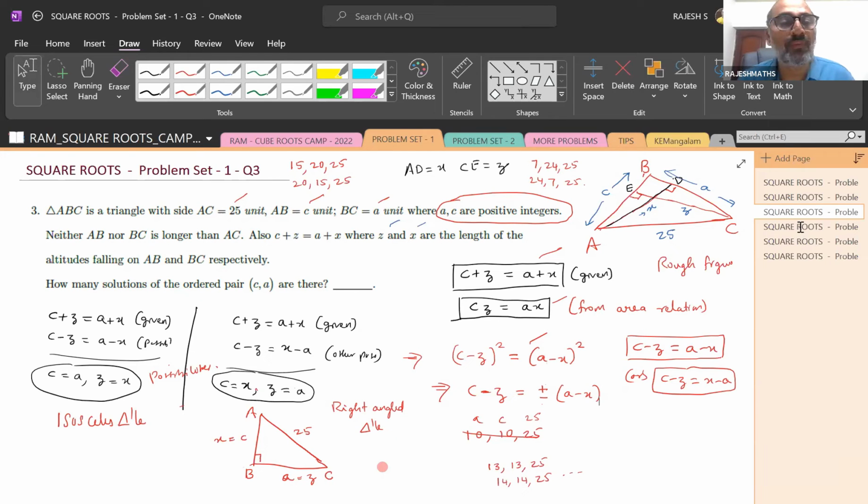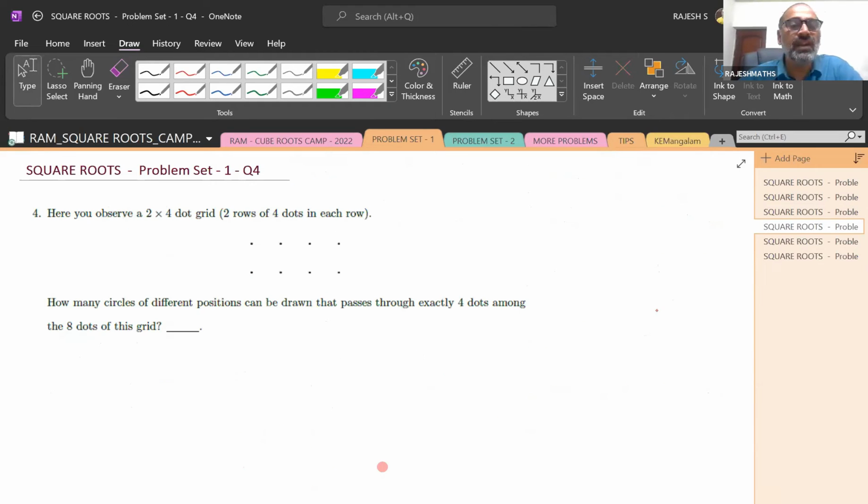Okay, fine. This one is a geometric configuration. You have a 2 by 4 dot grid, 2 rows of 4 dots in each row, like this. How many circles of different positions? Sometimes we will say different radii. Radii means the sizes. So I may have the same size but different positions. You need to understand the keyword.